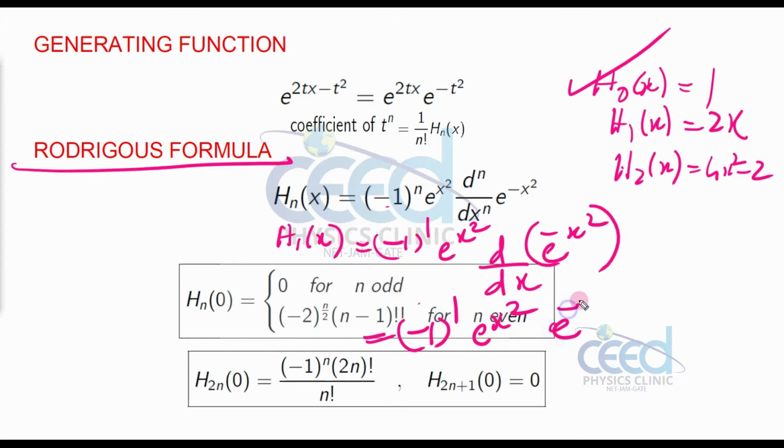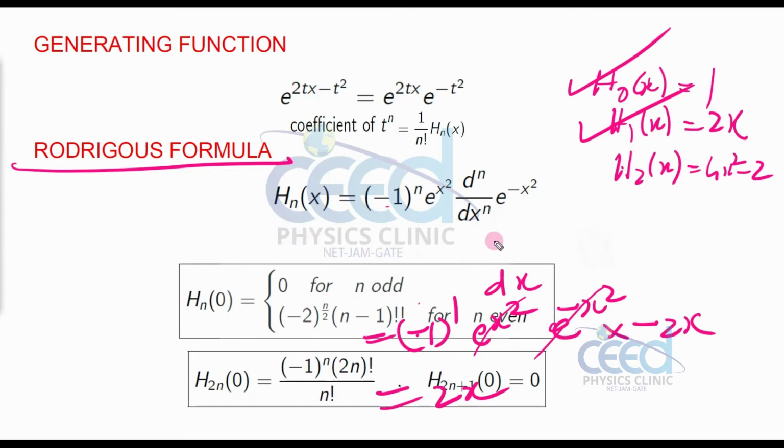That is e raised to minus x square into the derivative of minus x square, that is minus 2x, right? So this will cancel. So minus 1 into minus 2x is equal to 2x. So this is also correct.